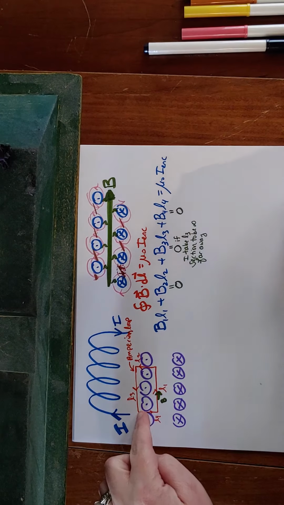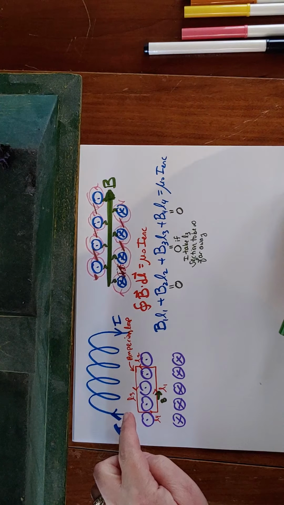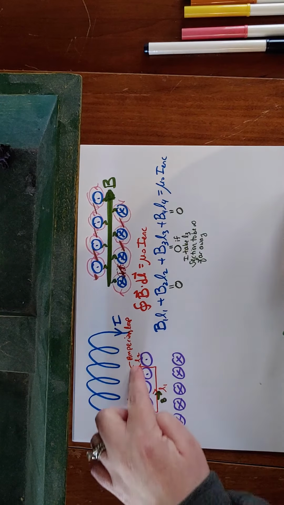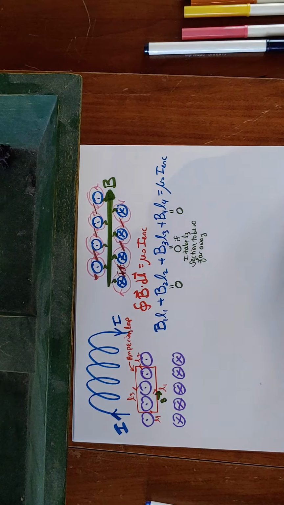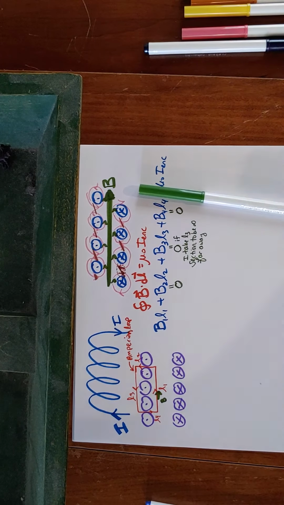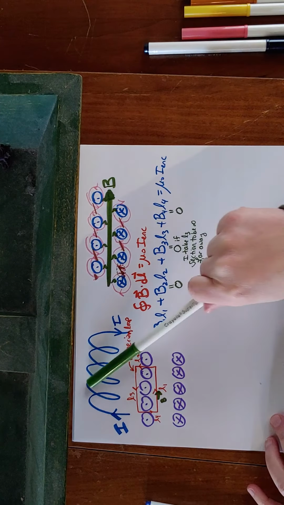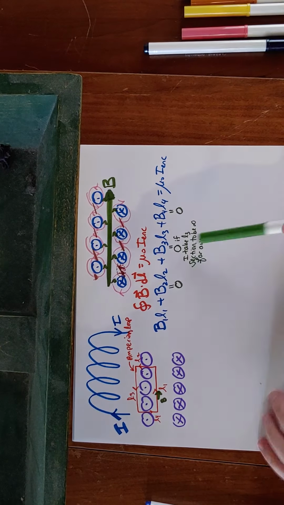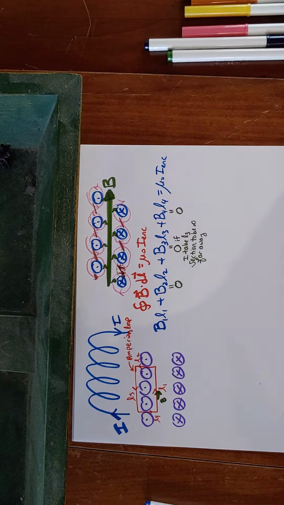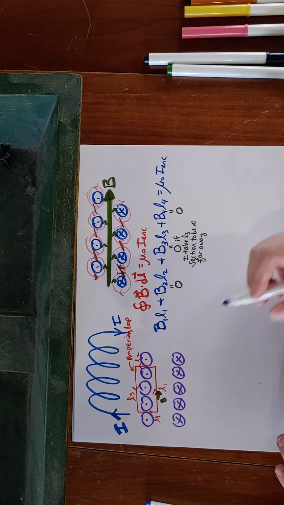So I want you to imagine this thing all the way away, right? The B field is 0, if you go really far away. Cool. So that's lovely. We're looking pretty good now.